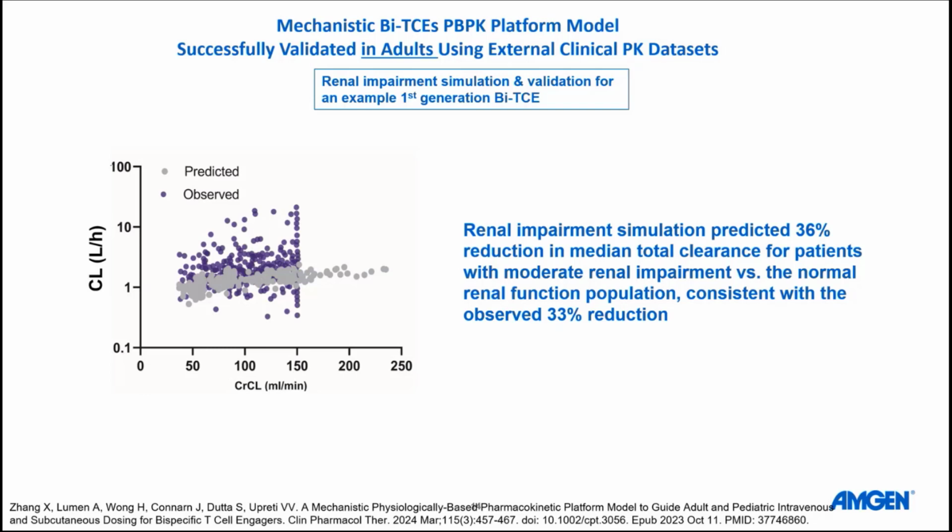Part of it is because these drugs are dosed through continuous IV infusion where patients carry a device. So the dosing itself could also be contributing to a lot of the variability that we have observed. So it's a very complicated thing.